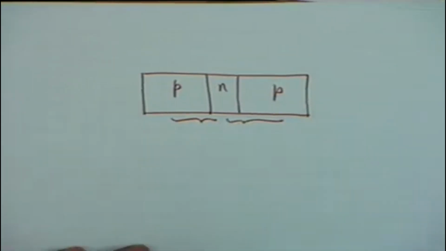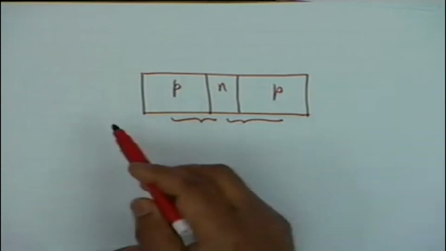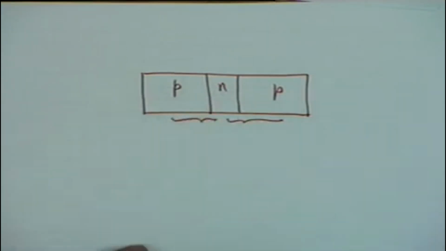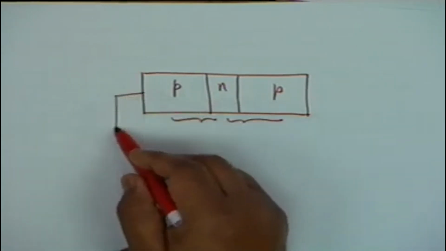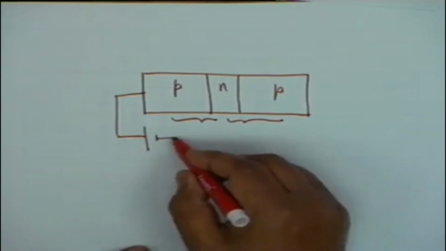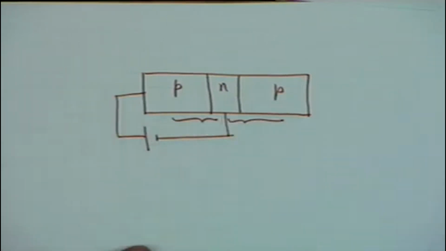Now you know that if this p-n junction is forward biased, that is, this is connected to a positive supply and this is connected to a negative supply, then current will flow through the diode easily and this current can be a large current.